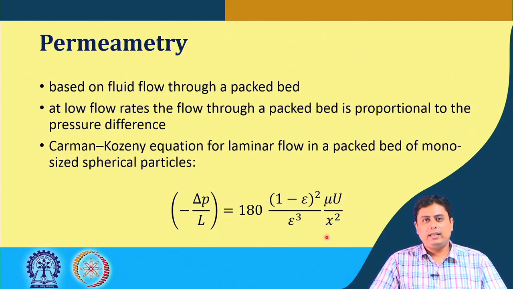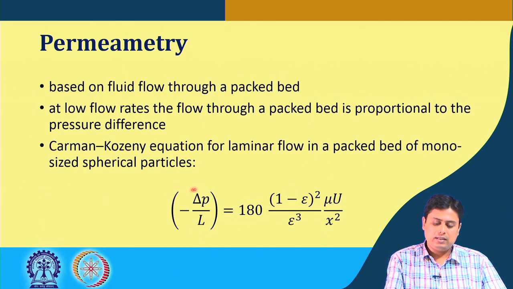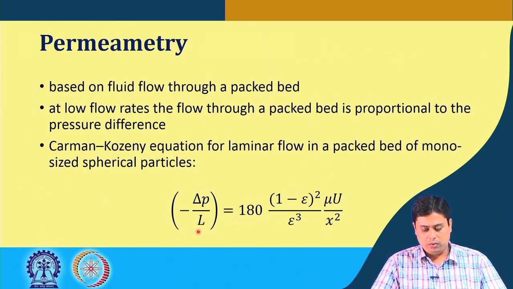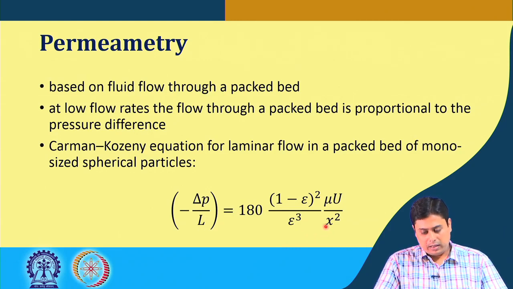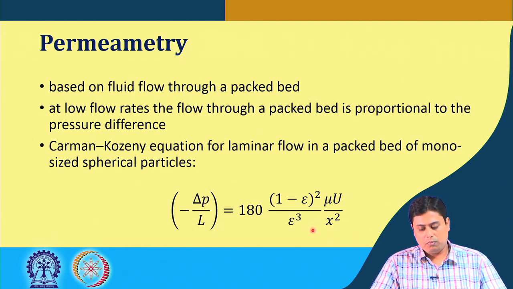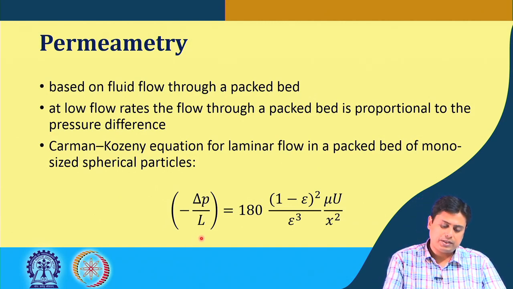You can see that del P by L, the pressure gradient per unit length, is related to the square of the particle size, inversely proportional to the pressure gradient.